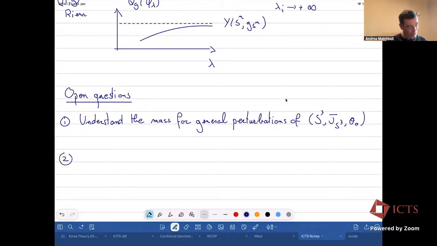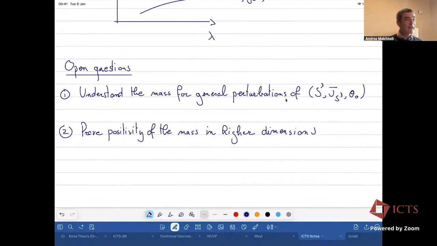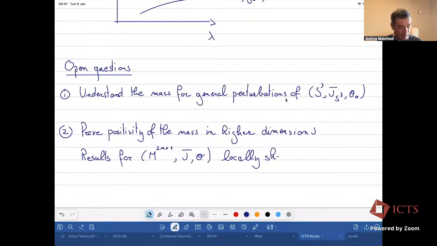And second will be to prove positivity of the mass in higher dimensions. And there are only some results in special cases, for M to M plus 1, J, theta locally spherical, which is like locally conformally flat.